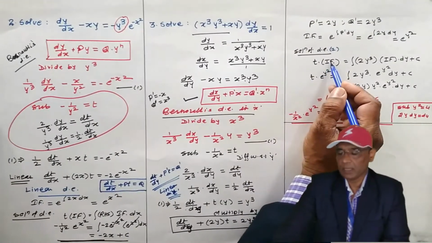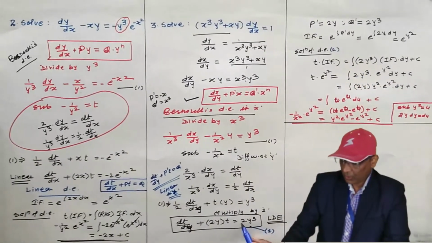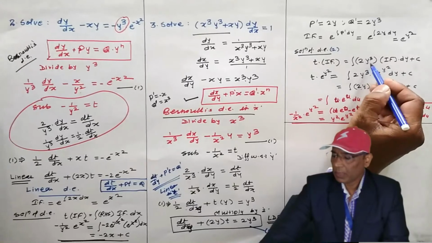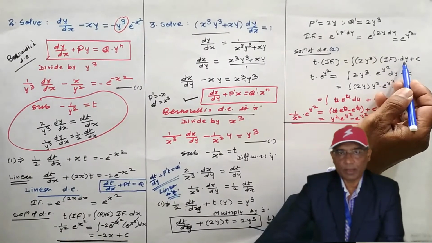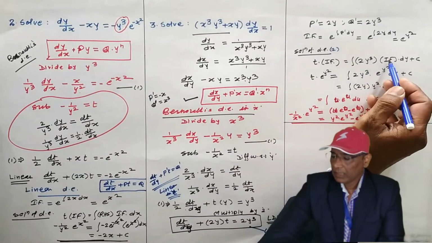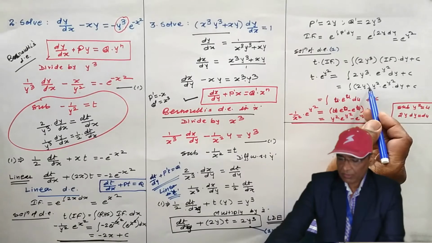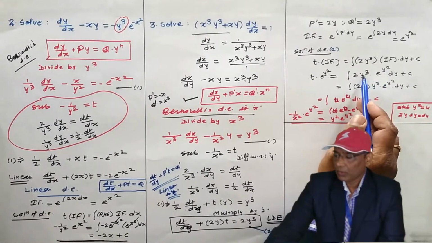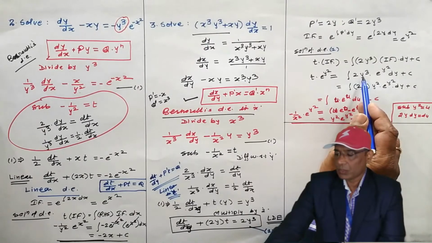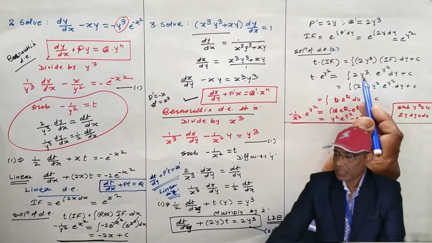T multiplied by the integrating factor is equal to the integral of q dash, 2y cube multiplied by the integrating factor, with integration carried out with respect to y. The same type of integration we have solved earlier. So y cube can be split as y square into y, and 2 is as it is.